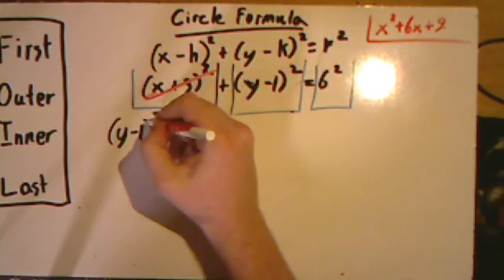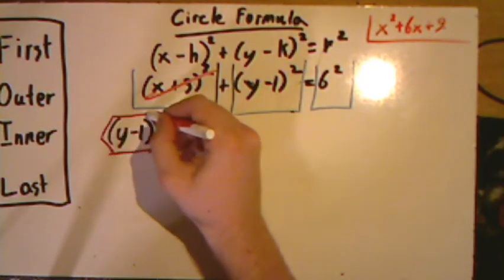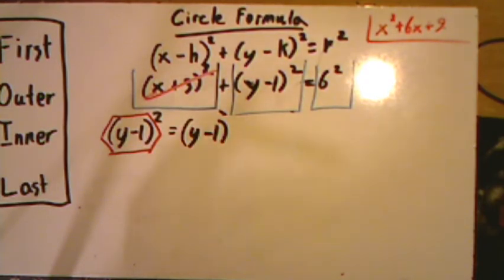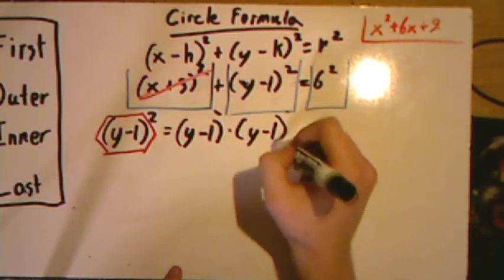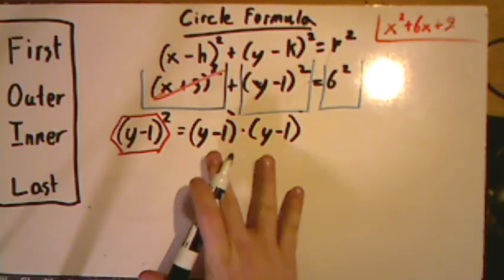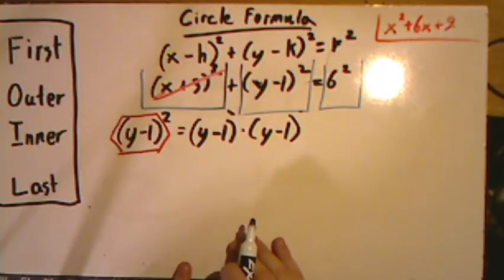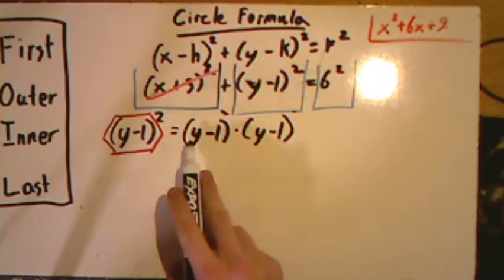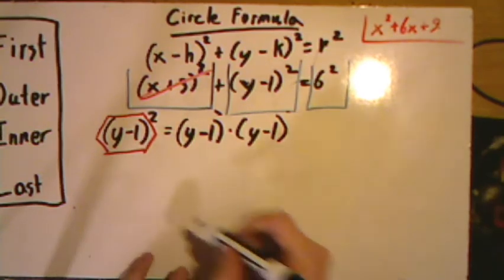In this case, that would be the y minus 1 that's being squared, and you multiply it by itself. In this case, y minus 1 times y minus 1, and when you're multiplying two binomials, we use the FOIL method. Y times y as our first, because these are the first terms in the separate binomials.